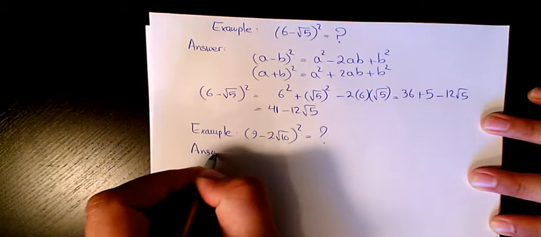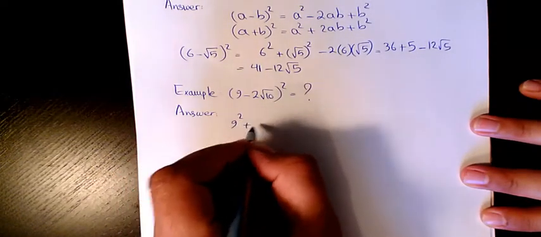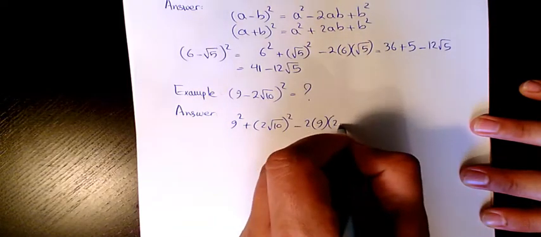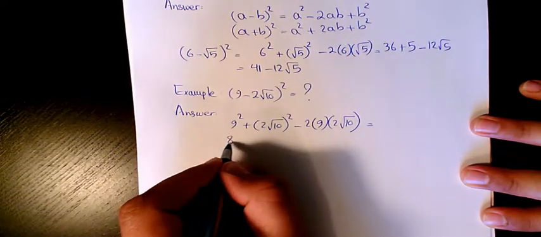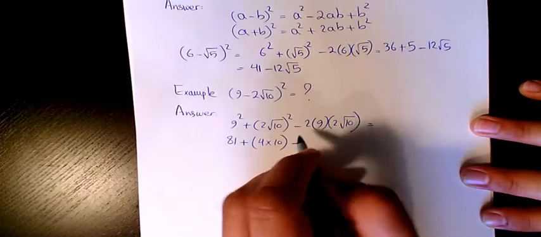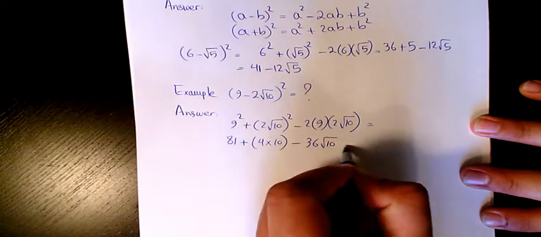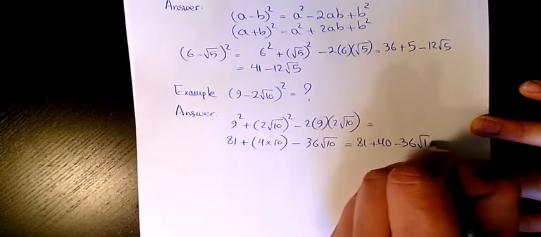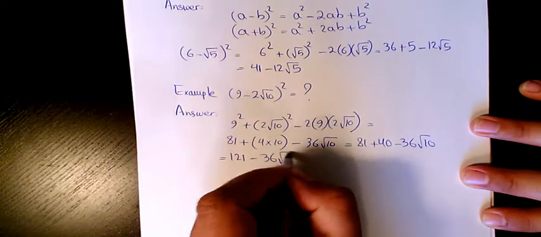Answer is 9 squared plus (2 root 10) squared minus 2 times 9 times 2 root 10, which will be 81 plus 4 times 10 minus 2 times 9 times 2 root 10 is going to be 36 root 10. That will make it 81 plus 40 minus 36 root 10. That will make it 121 minus 36 root 10.